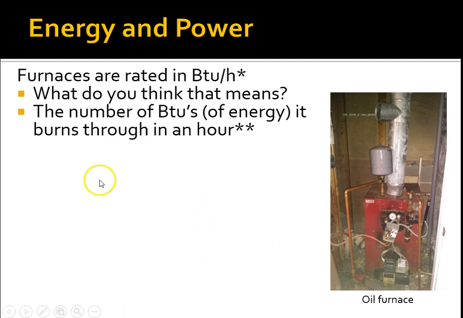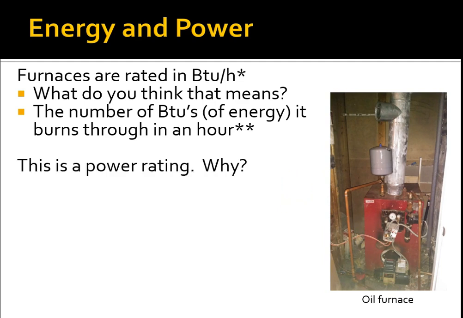In this case, this is an oil furnace, but this applies for a natural gas furnace or propane, any other type of furnace. It tells you how many BTUs per hour that this furnace will burn through. So we're inputting, in this case, oil, and we're getting heat out of it. It basically tells you how many BTUs per hour of oil you can burn in that furnace. So this is a power rating.